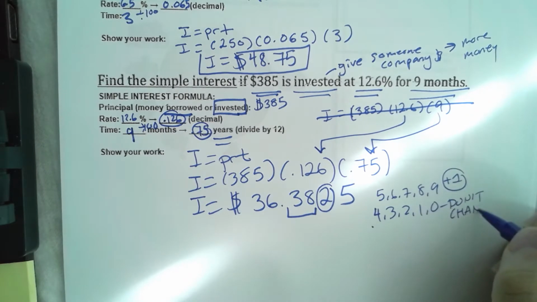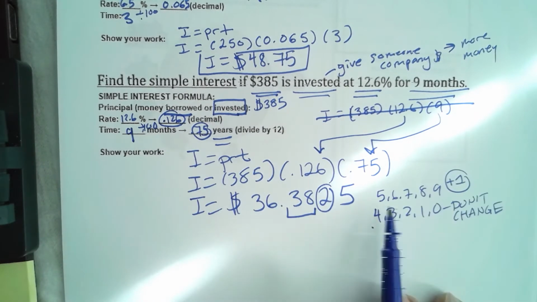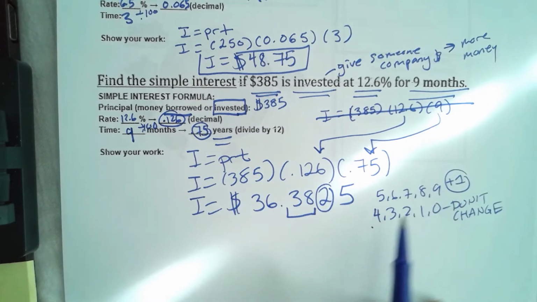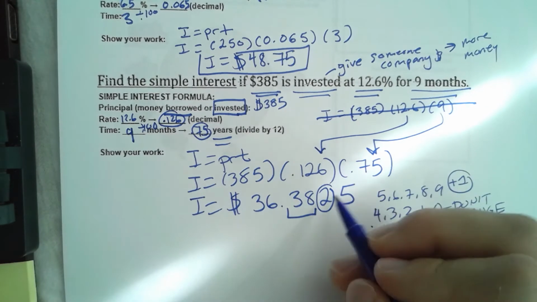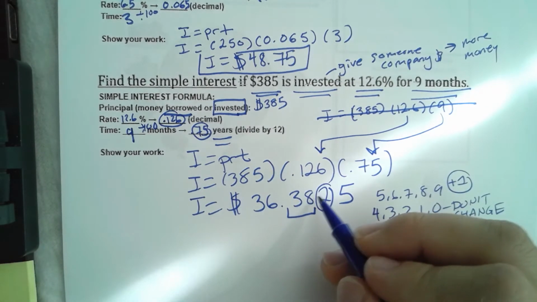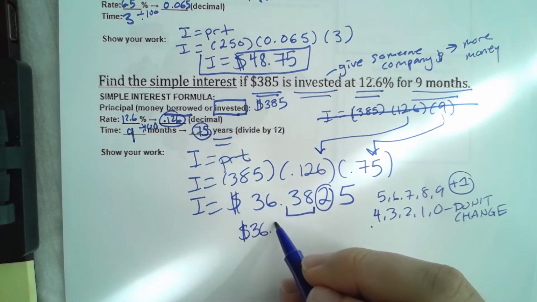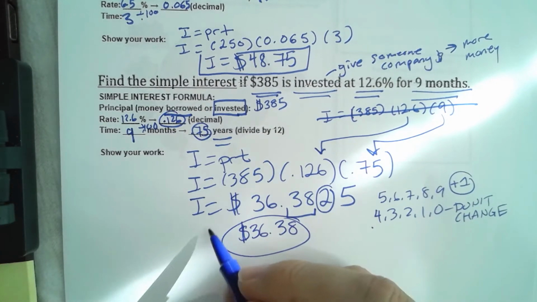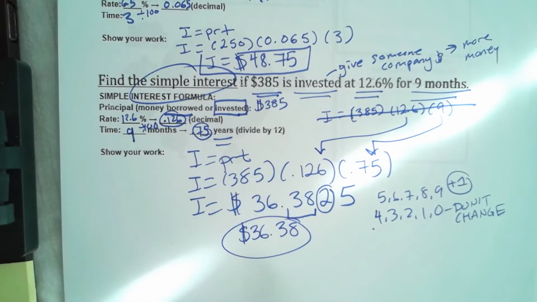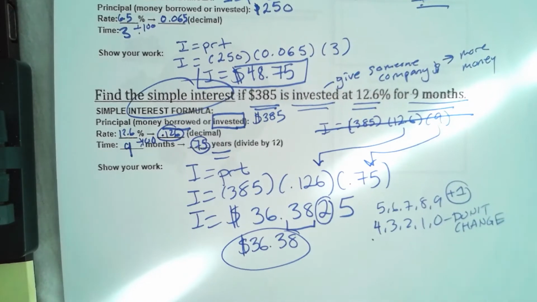I let it rest. 5 or more, add one more. 4 or less, let it rest. So I don't change this 38. So my answer for this is going to be $36.38 of simple interest.